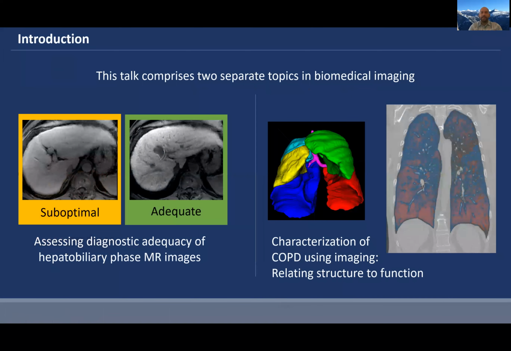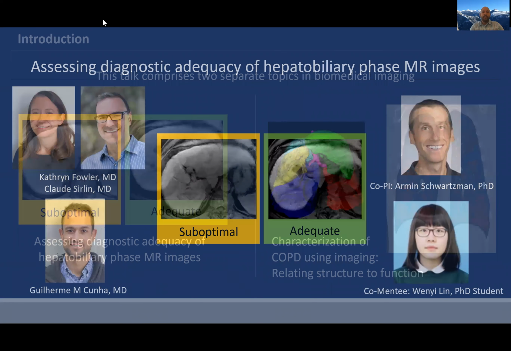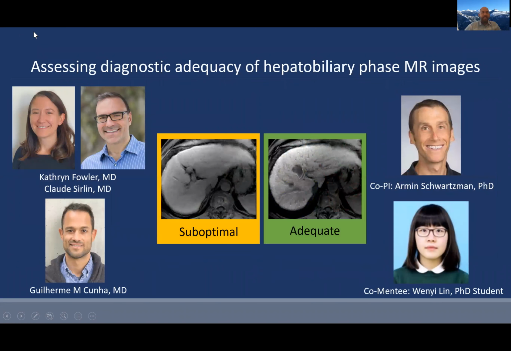The second application relates to the characterization of chronic obstructive pulmonary disease, specifically within the imaging modality of computed tomography, or CT. And in this case, we're just going to relate structure to function, which is a common theme within biomedical imaging. So this is assessing the diagnostic adequacy of these HBP MR images.